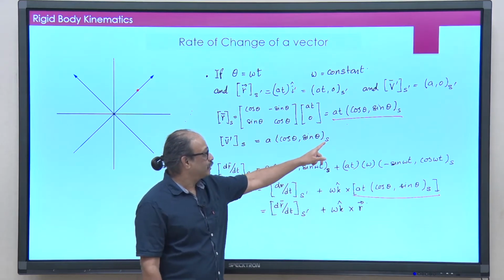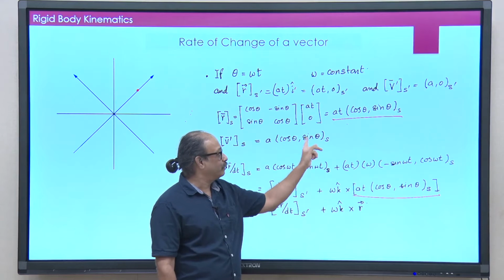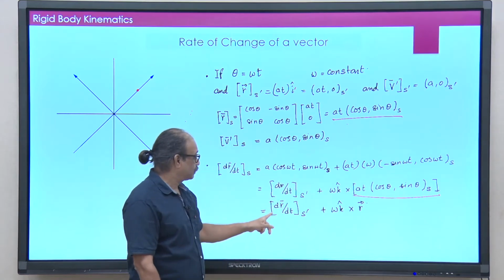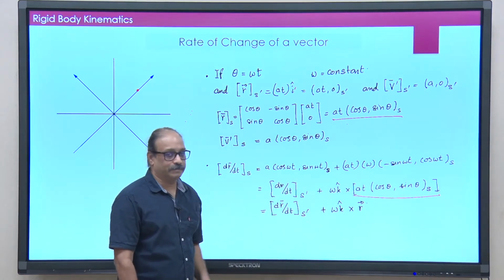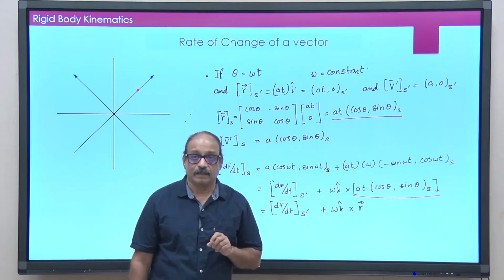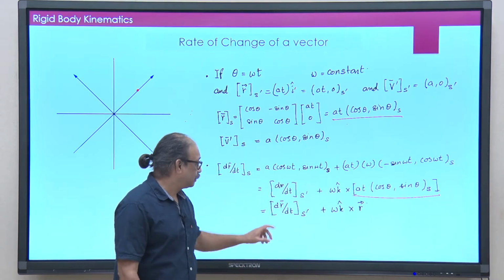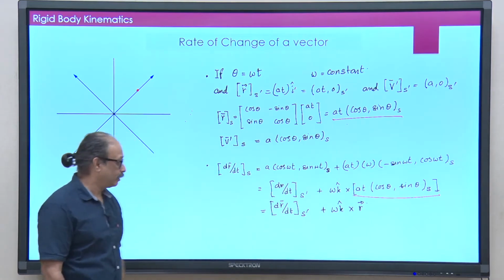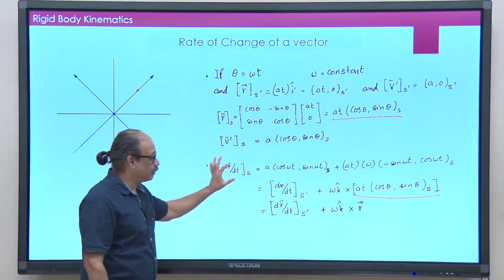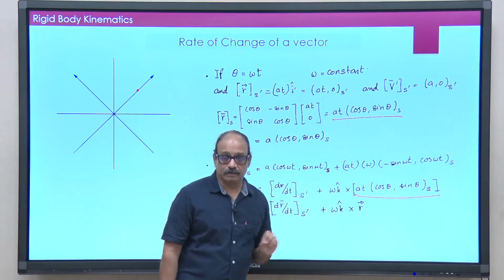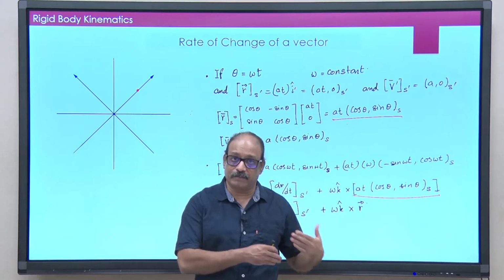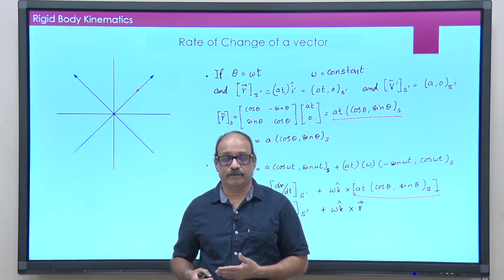When I wrote S here, that meant the components with respect to S. What is the meaning of this one here? This S prime with a square bracket is basically the measurement of velocity in S prime frame. This is simply a vector equation.